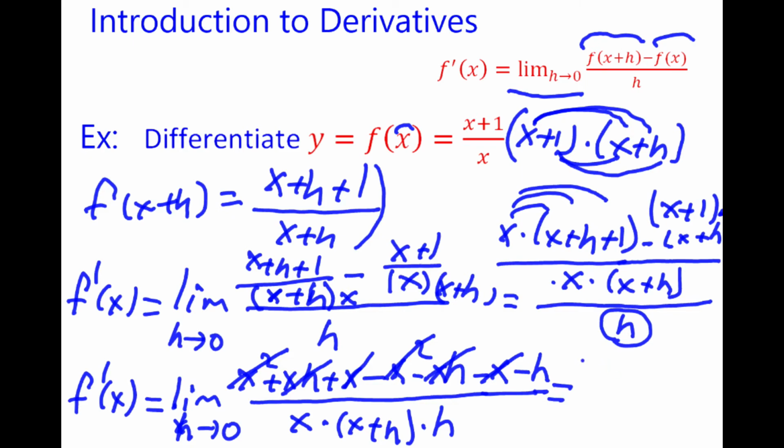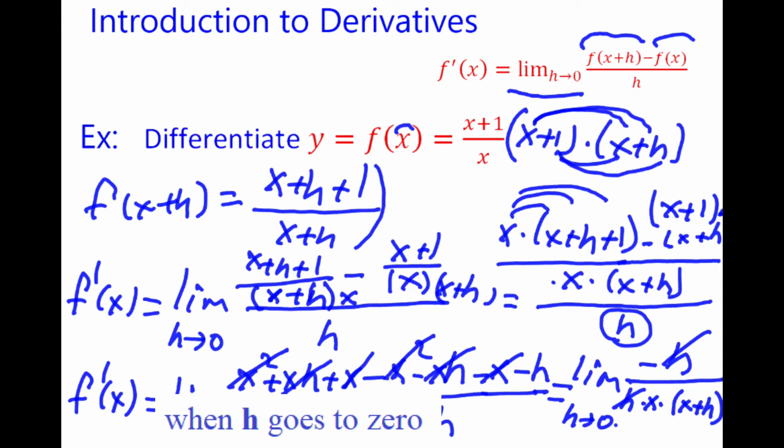Okay, let me write again, limit. It looks like I'm going to have enough space. When h goes to 0, in the denominator, I'm going to have h times x plus h, guys. In the numerator, we have just negative h. That h goes with this h.